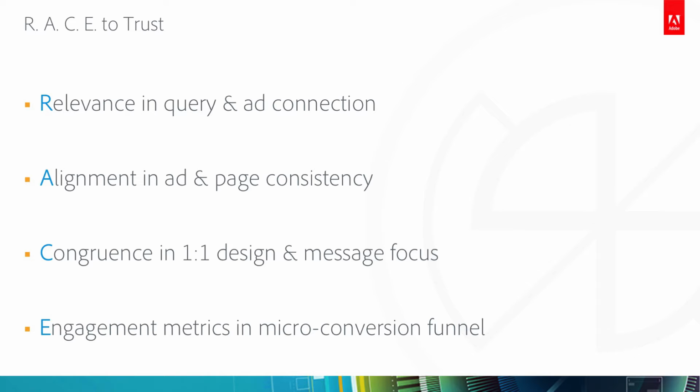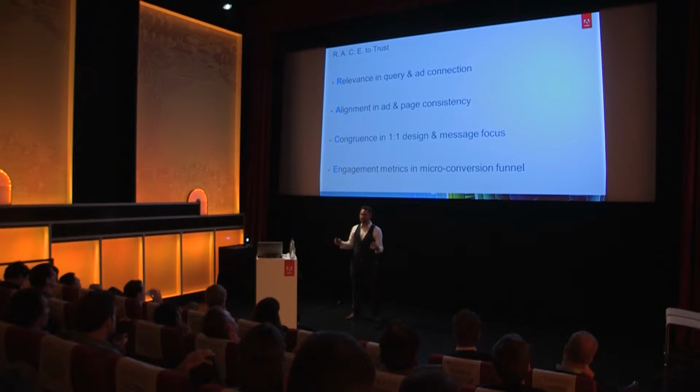Now, this next concept, congruence, is kind of weird. If I had to really sum it up, it comes down to the concept of attention ratio. I would encourage you sometime today, even if you've done it before, to go and experience what your customers are experiencing.